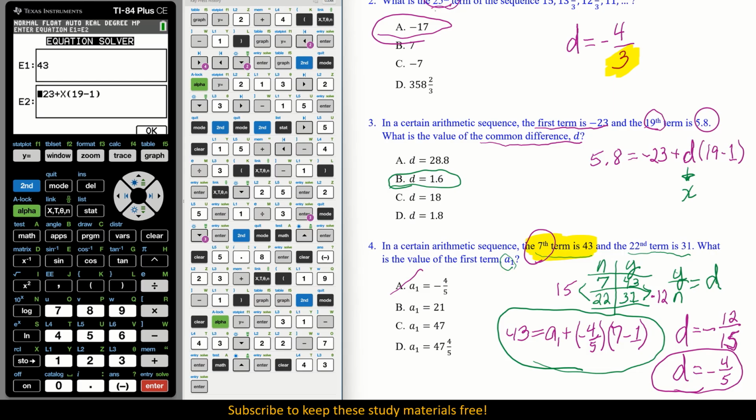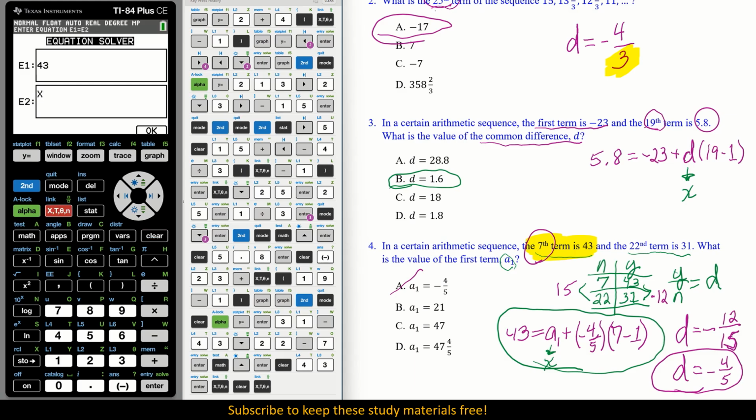Now, remember, we're going to have to use x here. We have to replace that. We're down to one variable, so we can just replace it with x. Let me just clear that so you can see what I'm doing.